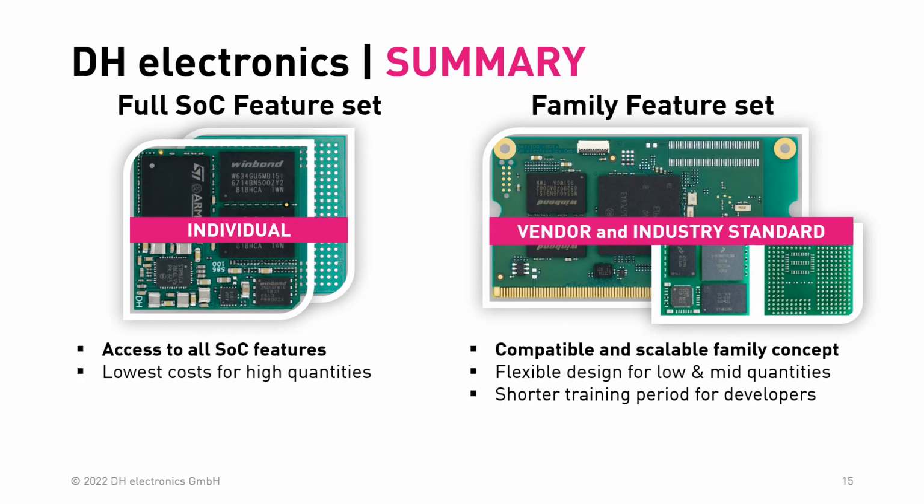Okay, now let's do a short summary of this webinar. As we learned before, we have different categories of system on modules available on the market. On the left-hand side, you can see the individual solutions. On the right-hand side, you can see the standards, the vendor or industry standards. With the individual solution, the big plus is that we have access to all SoC features.